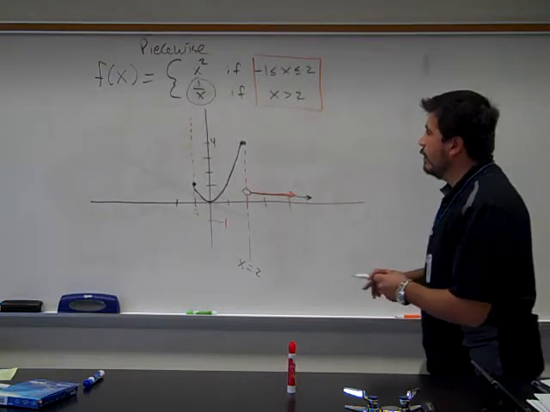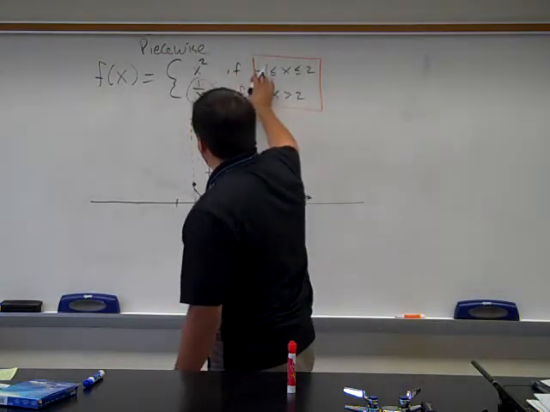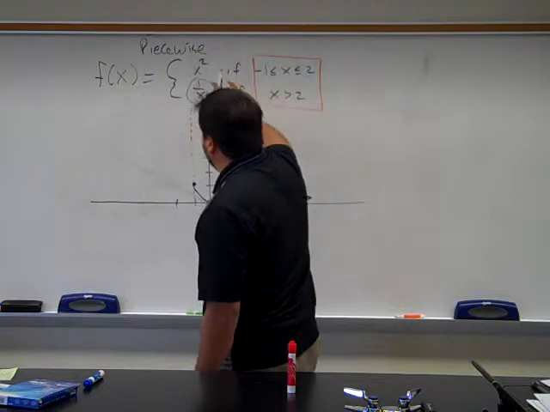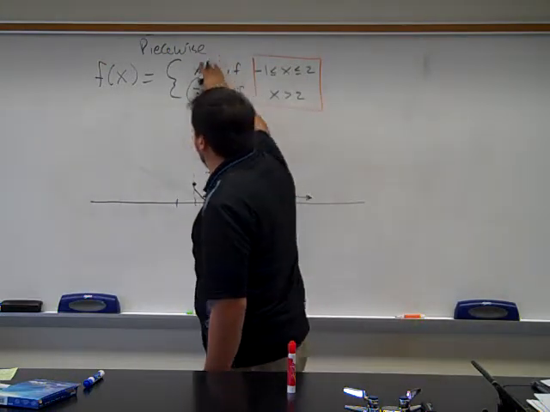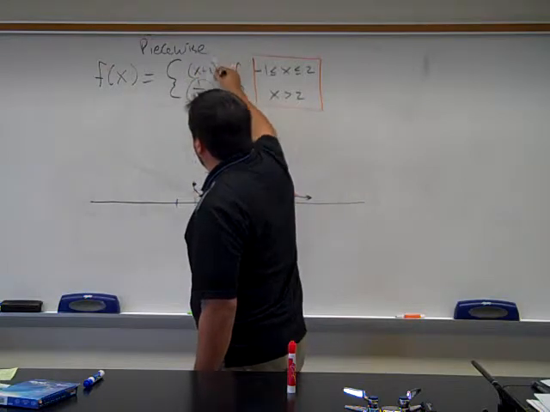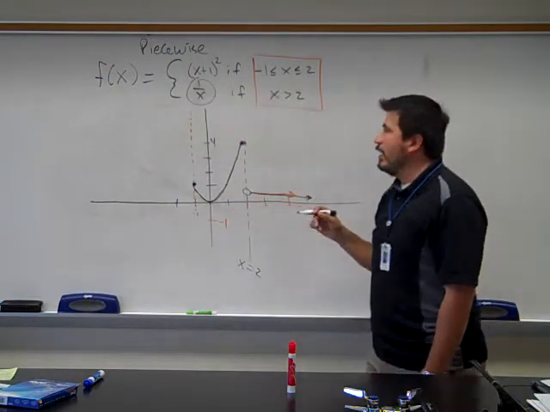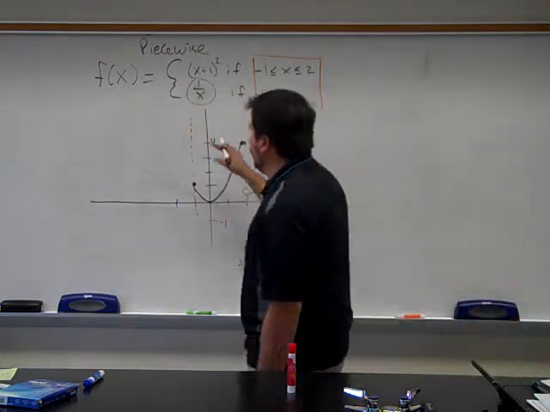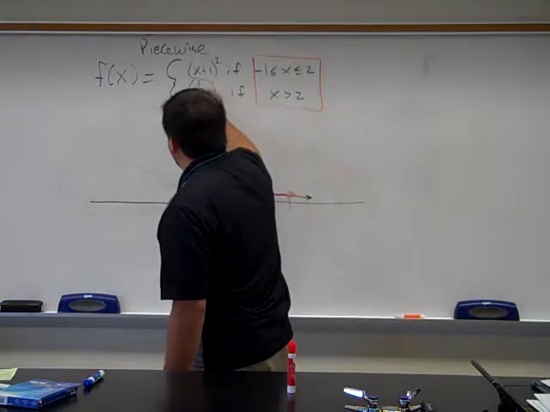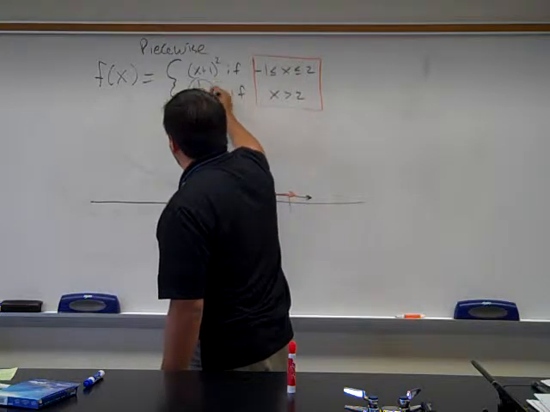You should know the 6 basic parent functions here, but certainly I could do things that might try and trick you a little bit, like change it from x squared to x plus 1 squared. Maybe make this 1 over x, but then add 1 to it.